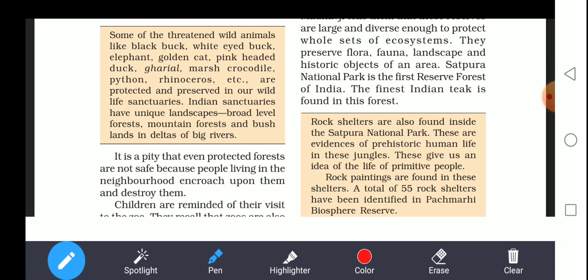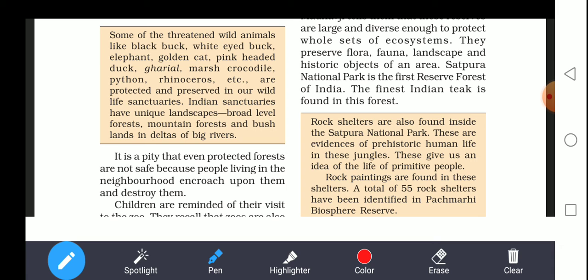So rock shelters are also found inside the Satpura National Park. Rock shelters are like caves, where plants or animals can take shelter, or human beings, when they go to a tourist resort, can visit such caves.